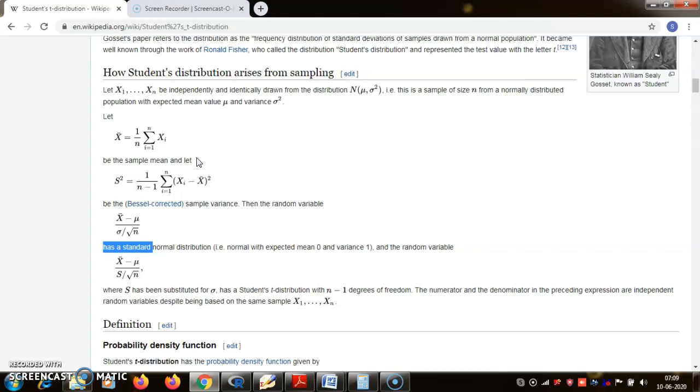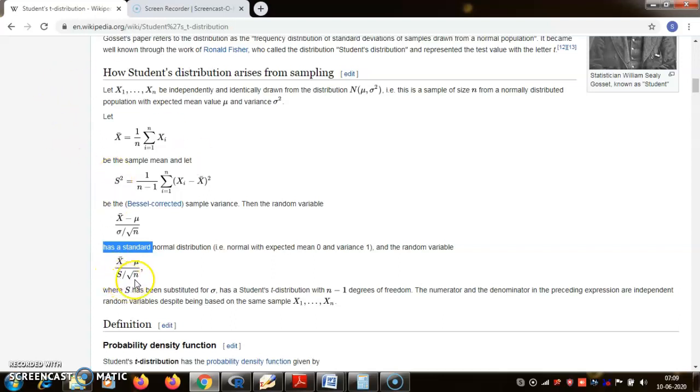And I don't want to make any statement or estimate about sigma. Then how do I test this hypothesis? So we have seen that to test a hypothesis I need a test statistic, and ideally a test statistic should be one for which you know the distribution under the null hypothesis.